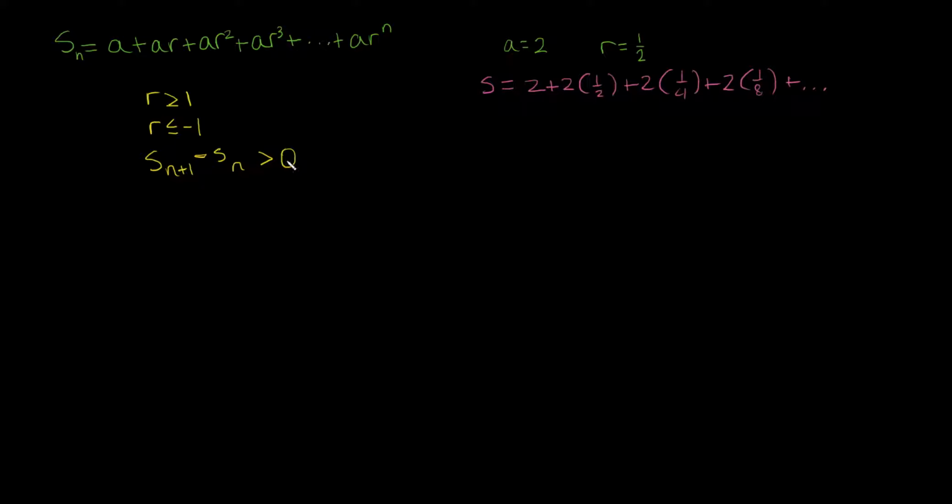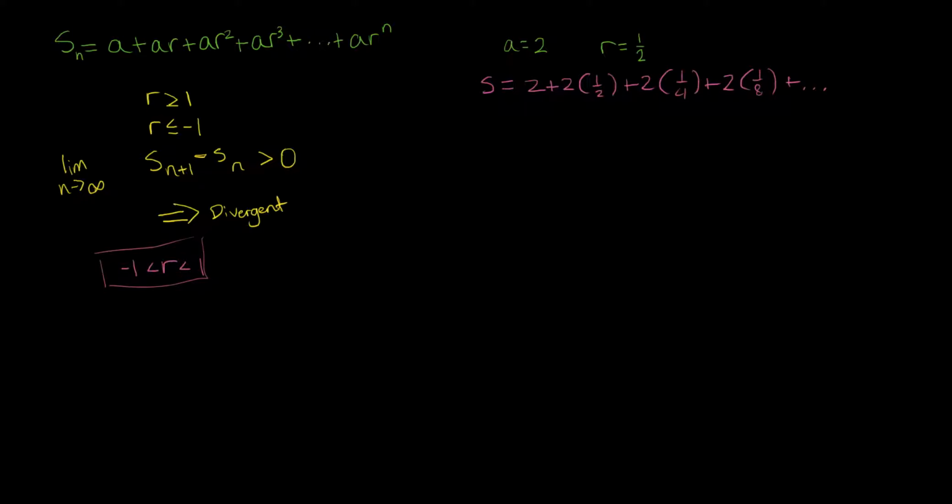And this is a problem because, as n limits to infinity, if the nth term doesn't go to 0, then we know this implies the sum is divergent, and we won't be able to calculate it. So all of the work that we're doing here is under the caveat that r is greater than -1 and less than 1.